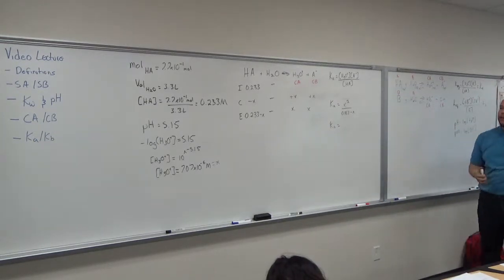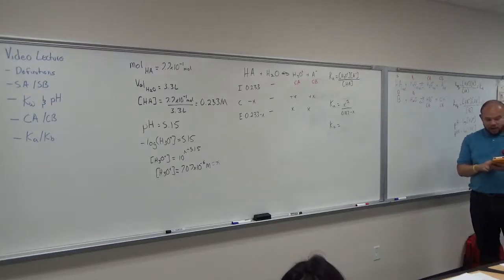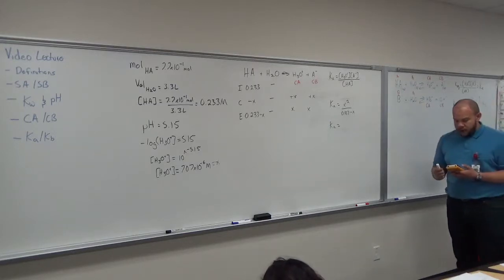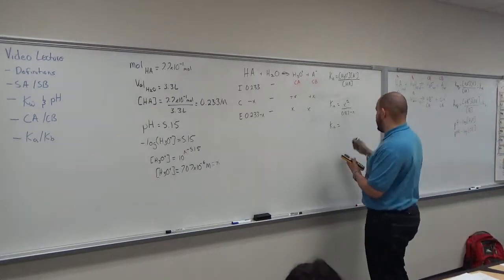But if you do drop x and you don't drop x, you'll see that the values are going to be pretty similar here. So 7.07 e to the negative 6 squared divided by 0.233 minus 7.07 e to the negative 6 gives you 2.15 times 10 to the negative 10.